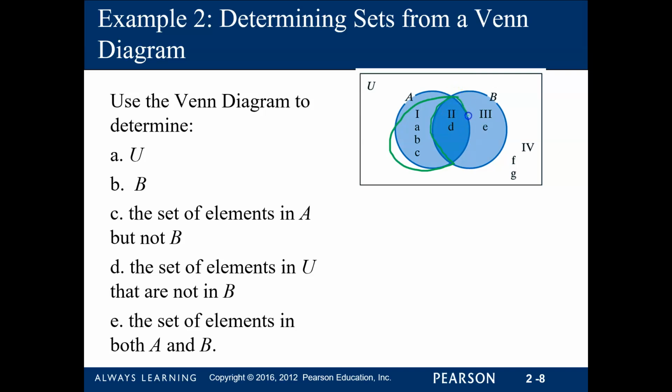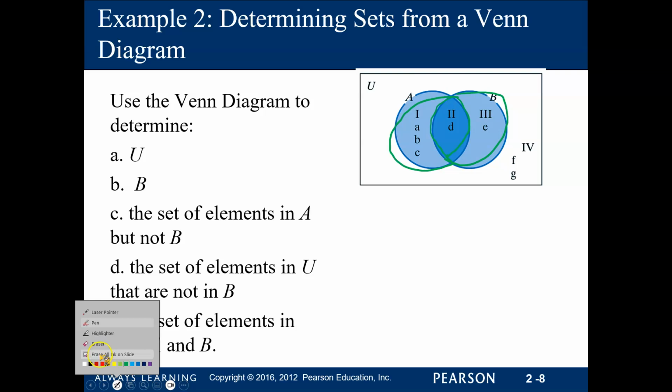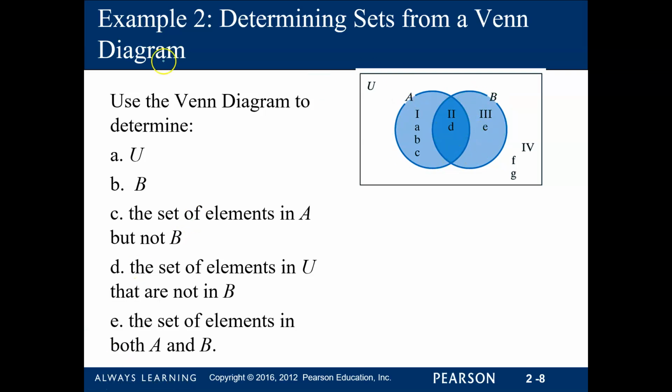This is area 2, and then this is area 3, and then everything else is area 4. So that's what those areas are talking about. In identifying the elements, you can either use the roster method, or we can also use the Roman numeral to represent which area we're talking about.